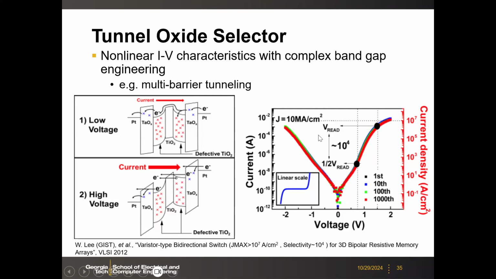So as a result, you have this kind of exponential IV of this two-terminal device, just a multi-layer oxide. And here you see that exponential IV. So here you do get a few orders of magnitude lower, right? So here you have to define it.